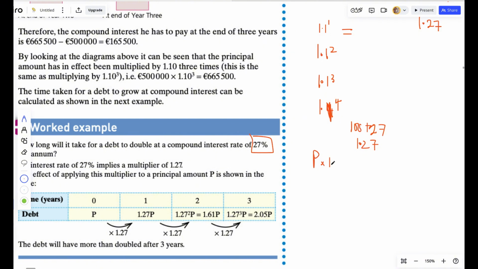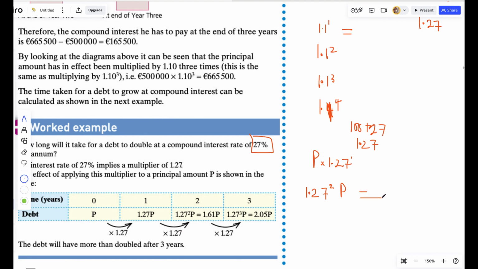So for first year, you get 1.27 raised to power 1 P. For second year, you have to square this number, because n is now 2. You remember, n is the power. 1.27 raised to power 2 P for second year.